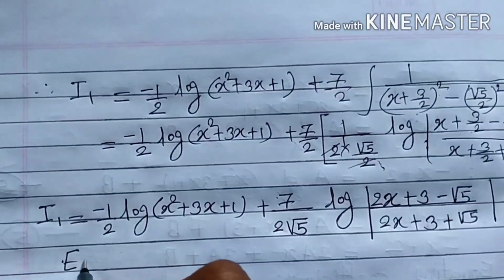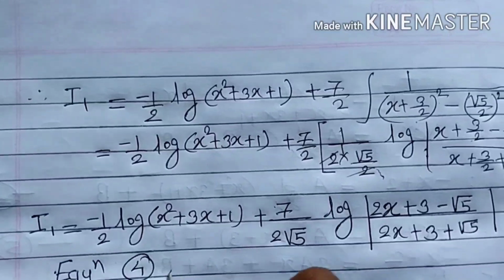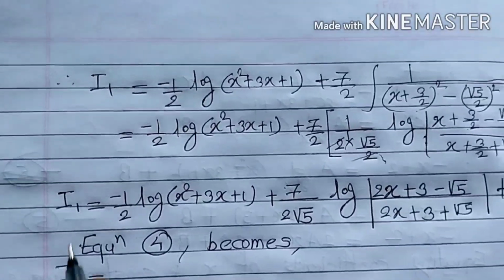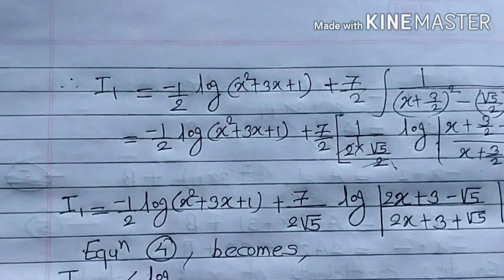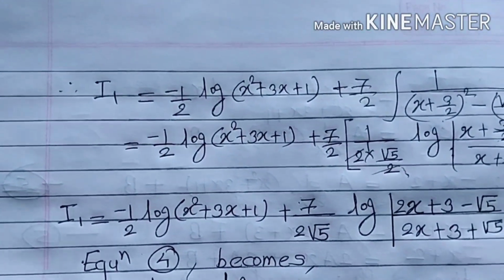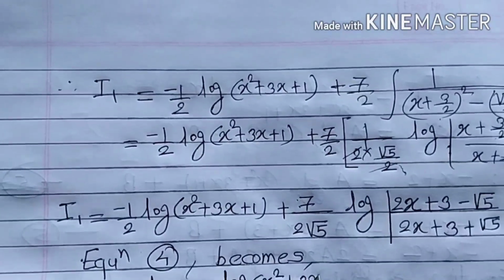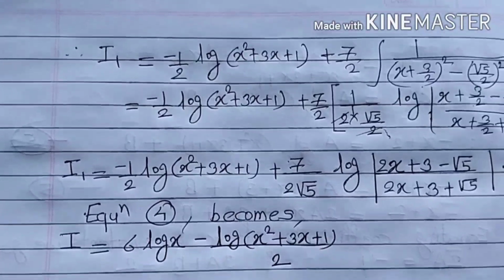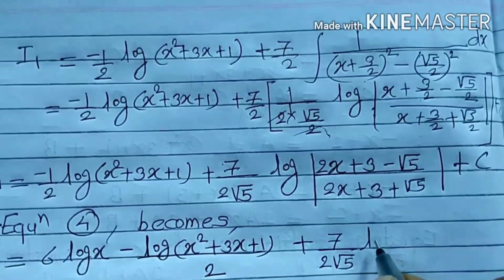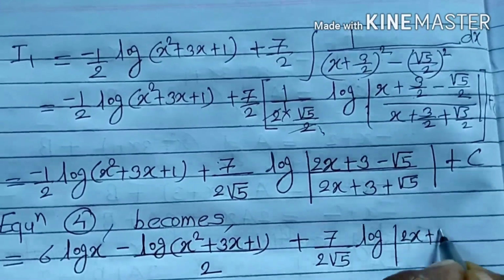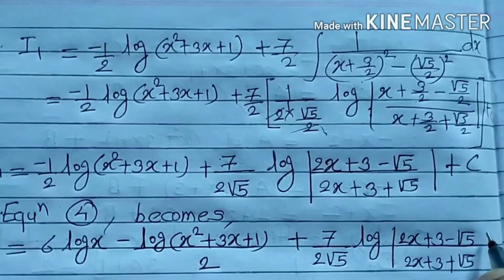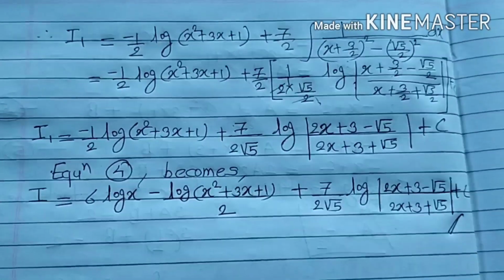Therefore equation 4 becomes I is equal to 6 log x minus 1 by 2 log of x square plus 3x plus 1, plus 7 upon 2 root 5 log of 2x plus 3 minus root 5 upon 2x plus 3 plus root 5 plus c. So this is our answer.